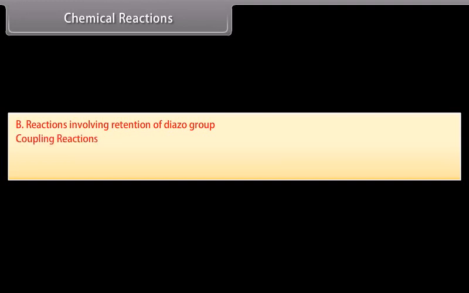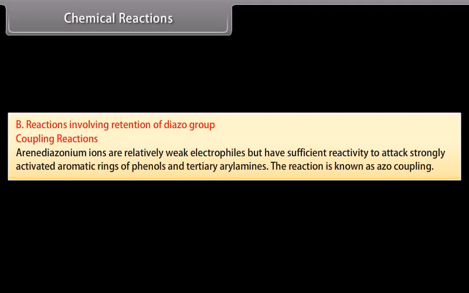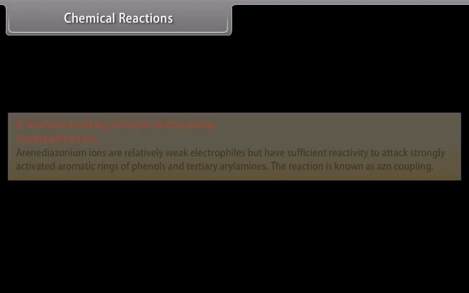Coupling reactions. Arene diazonium ions are relatively weak electrophiles but have sufficient reactivity to attack strongly activated aromatic rings of phenols and tertiary arylamines. The reaction is known as azocoupling.